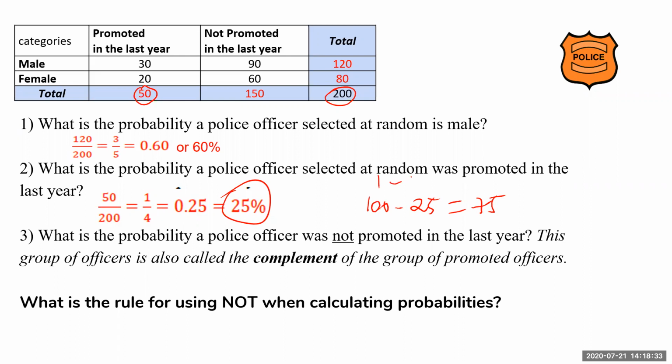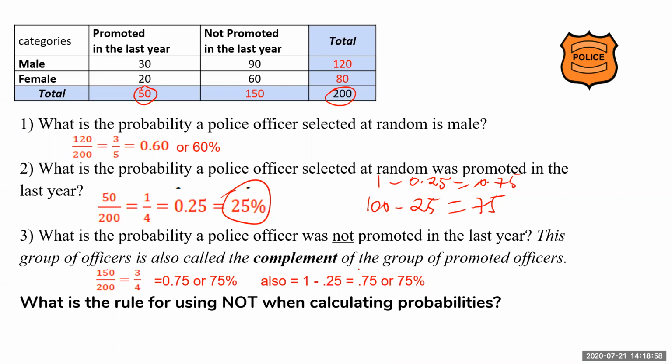So if you're using percentage, stick to a percentage. If you're using the decimal, stick to that. Either way, you get the same answer. Okay, so we call that a complementary statement. So not promoted, the total over 200. And you could have also done just 1 minus that, and that'll give you the answer. So here, we look at the rule for not.